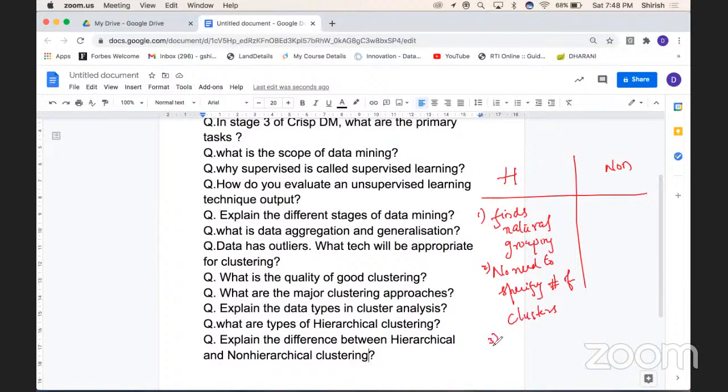Right? Here what I feel is that you have to go for dendrograms. The dendrogram plot is what will help you find out how many clusters would be good enough. When you talk about non-hierarchical, this approach is more useful when you have large data sets.